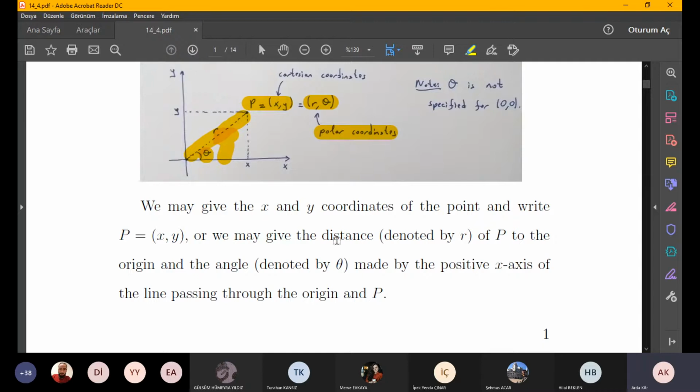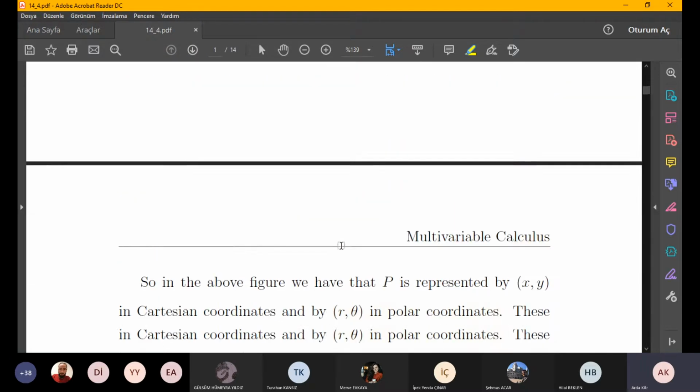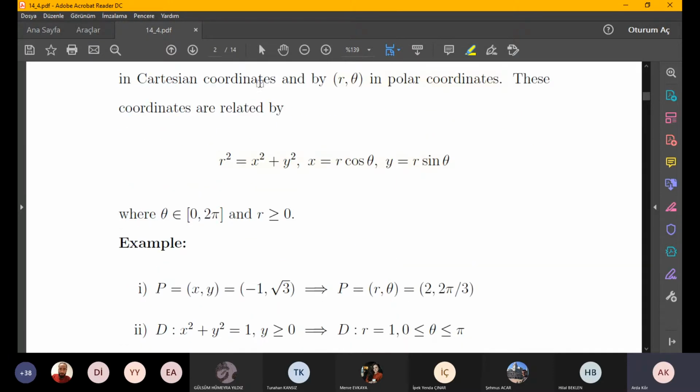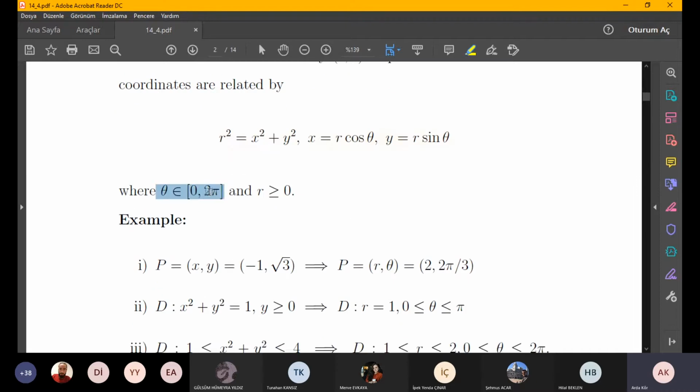We also know from the sketch above, from the Pythagorean theorem, that r squared equals x squared plus y squared. Of course, theta is an angle between 0 and 2 pi, and r is greater than or equal to 0.